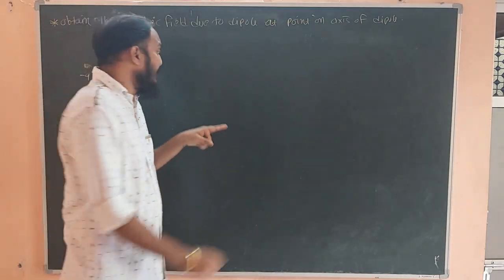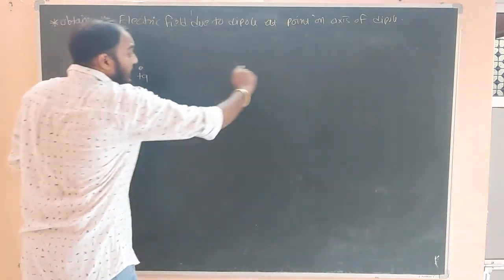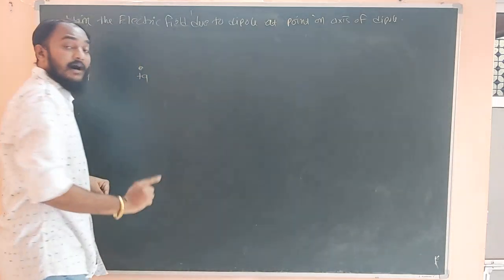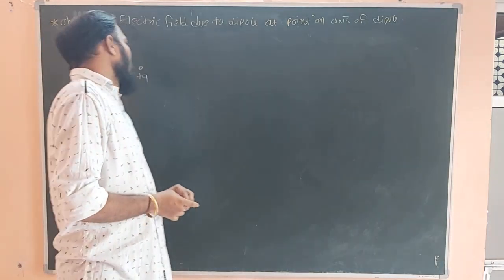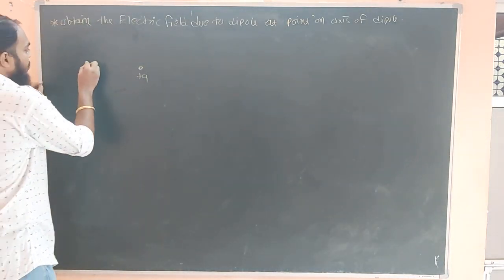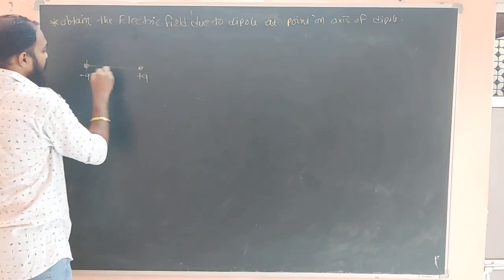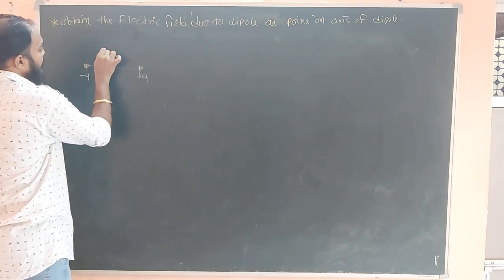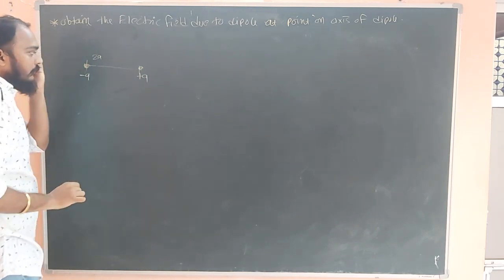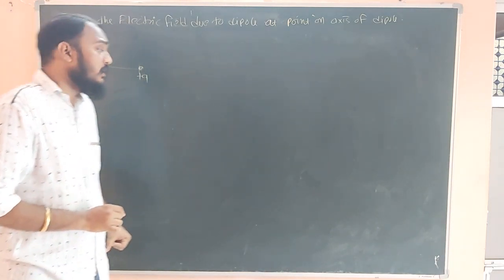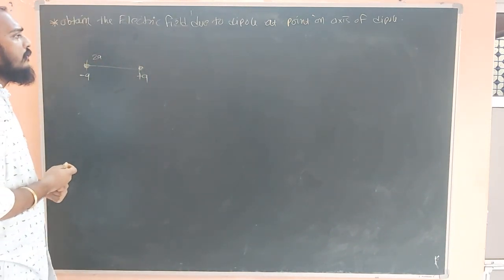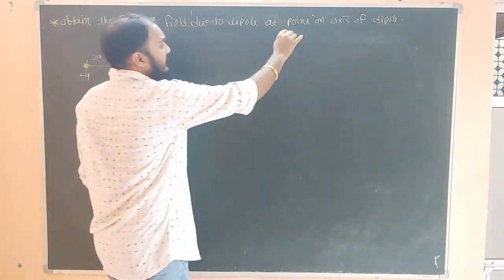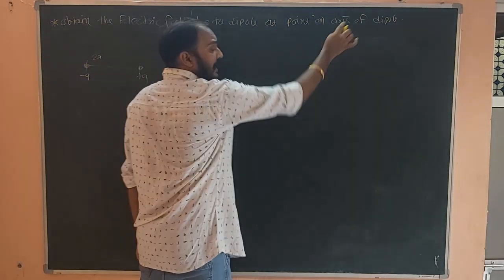The distance between them, let us take as 2a. Now we want to find the electric field at a point on the axis.